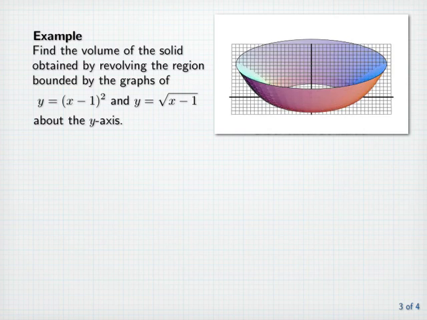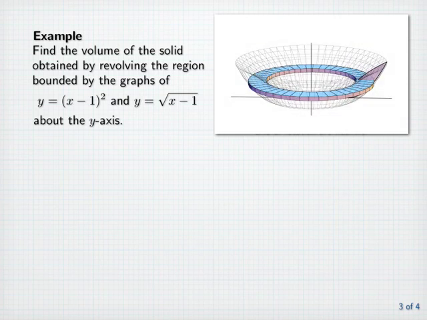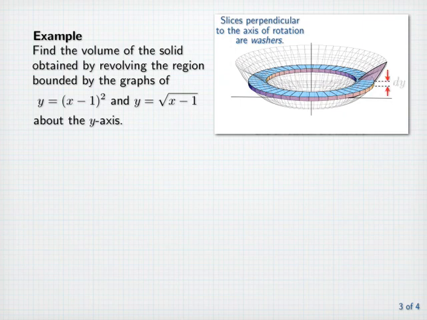This solid differs somewhat from those in the previous examples in that slices perpendicular to the axis of rotation are not disks, but rather disks with holes, which we refer to as washers. So let's consider a typical washer at height y with thickness dy.